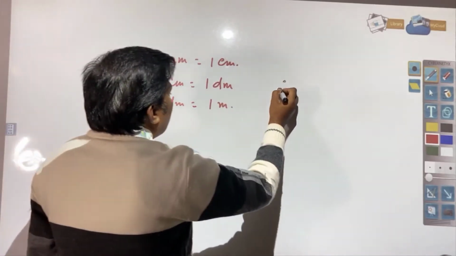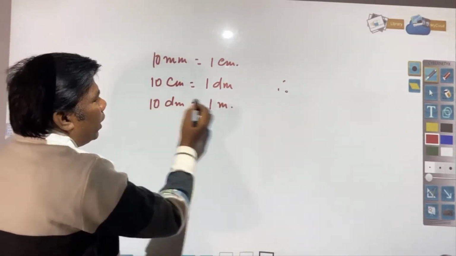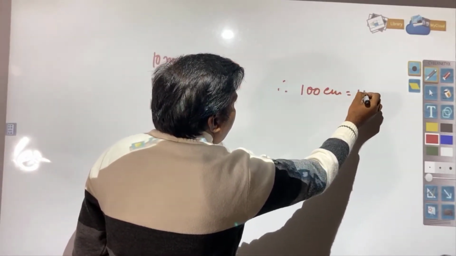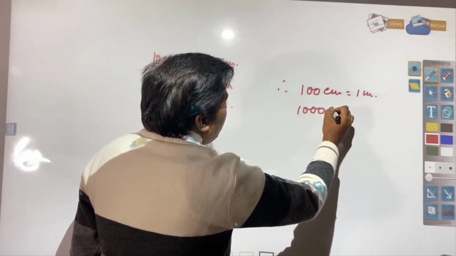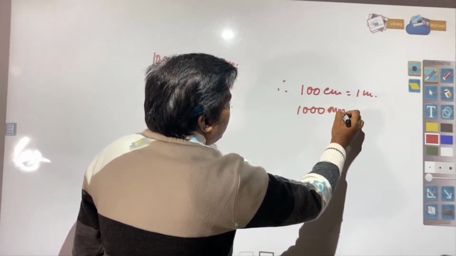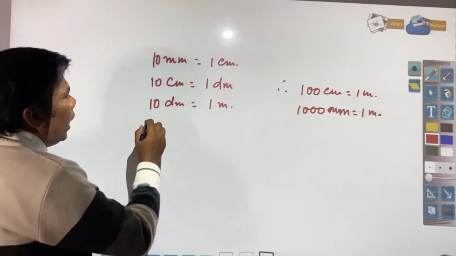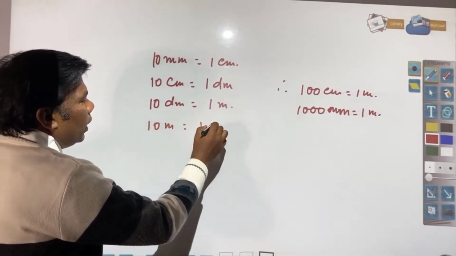And therefore, 1 meter is equal to 10 into 10, means 100 centimeter is equal to 1 meter. And 1000 millimeter is equal to 1 meter. That you need to remember. And then we have 10 meter is equal to 1 decameter.